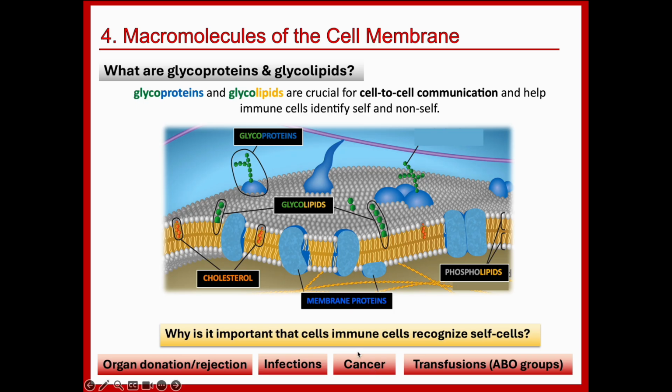During transfusions, these little carbs are what say I'm an A group or I'm a B group, so that's very important as recognizing an A, B, or O type of cell. We're going to see that when we get to the heart next semester.